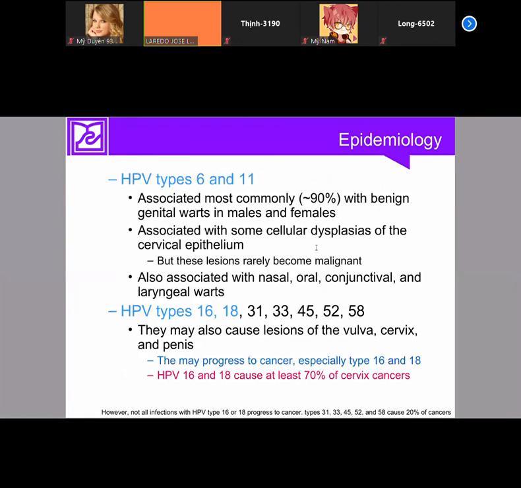So remember 16 and 18. Papillomaviruses 16 and 18 cause more than 70% of cervix cancer, but not all. Around 30% of cancers are caused by other serotypes that I show you here, that you don't have to remember. Just remember 16 and 18.